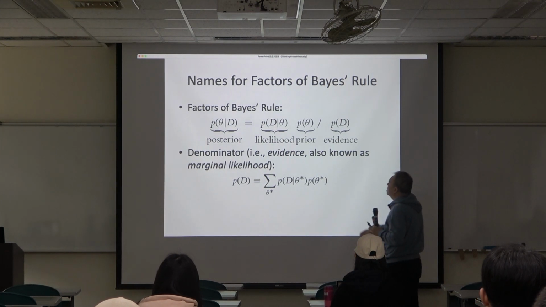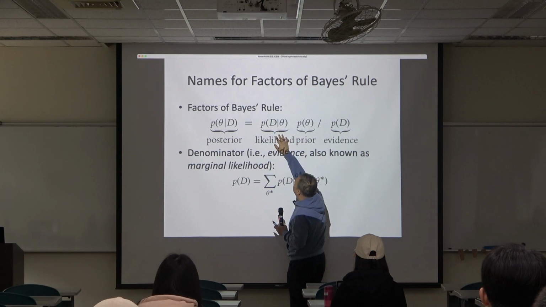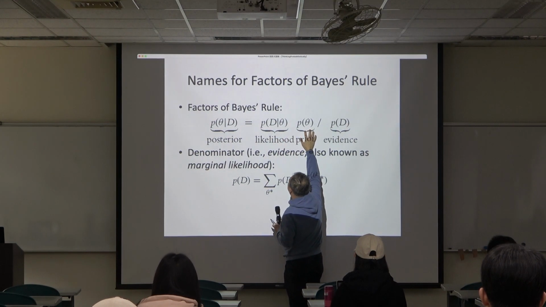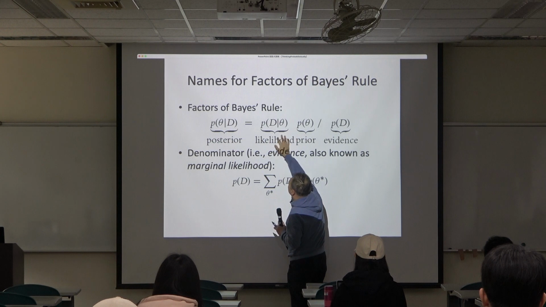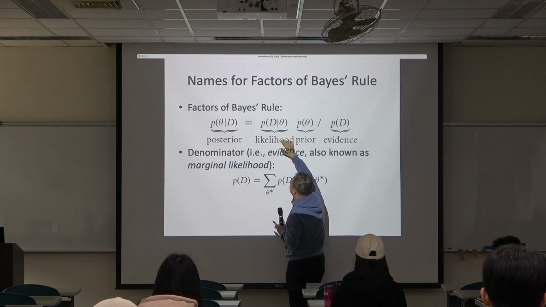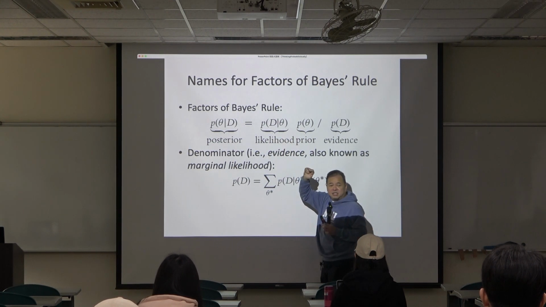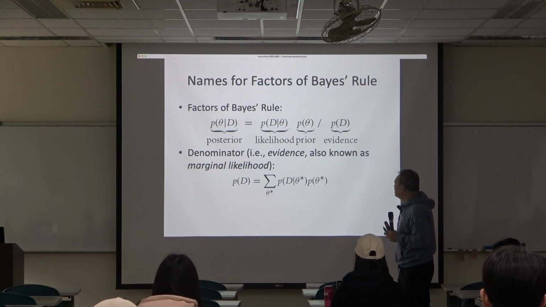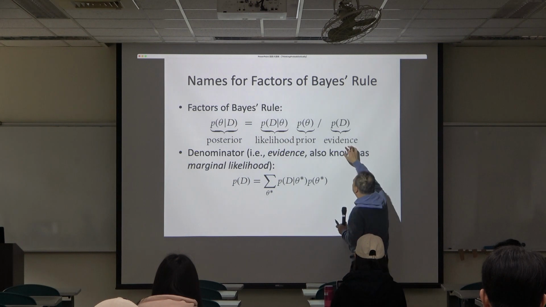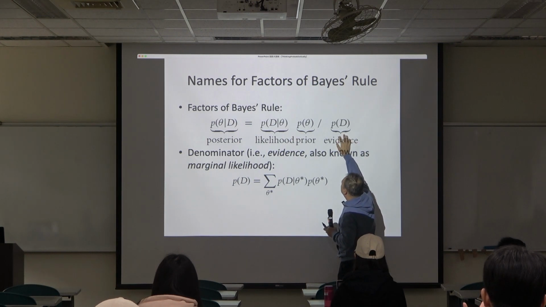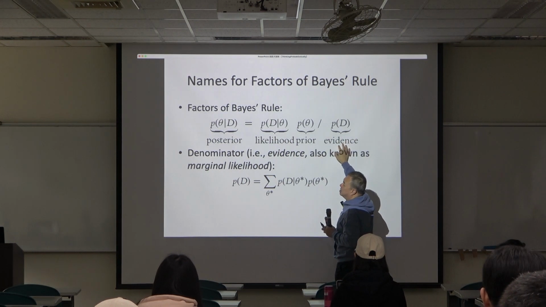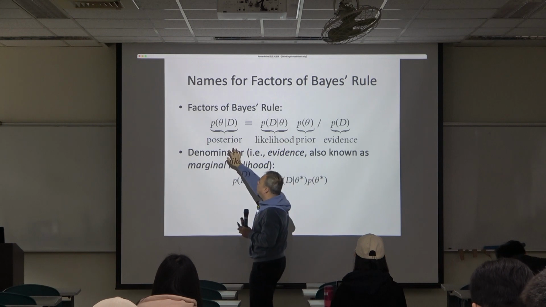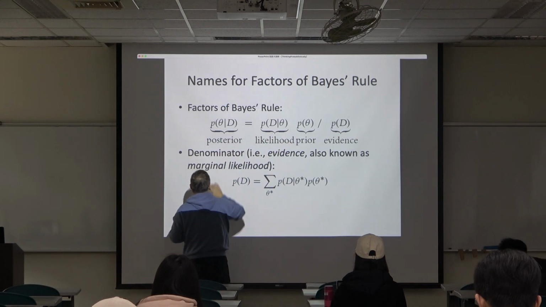This one multiplied by this one is going to be the joint probability of D and theta, right? Based on the Bayes rule you learned from high school. And if you divide that by P of D, the probability of the data, that's called evidence, then you are going to get what we call posterior.